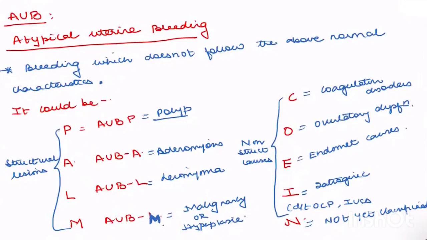C for coagulation disorders, ovulatory dysfunction, endometrial causes, iatrogenic, and not yet classified. Ovulatory dysfunction includes anovulation. Ovulatory dysfunction includes AUBO, includes anovulation.